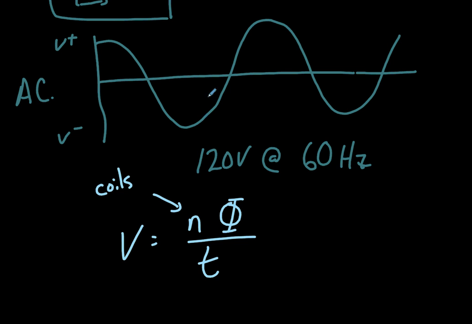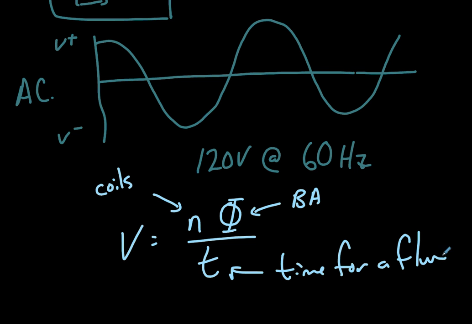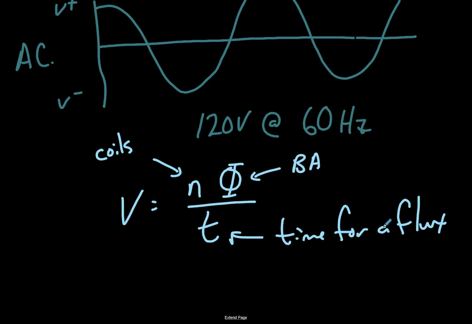This is your flux, which is the area times the magnetic field strength, and then T is the time for a flux change. So it is not the time for a complete turn, it's the time in this case for 1/4 turn, from full flux to no flux. And there you go. That's the last formula we need to know.